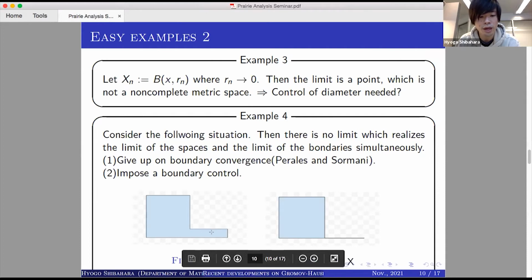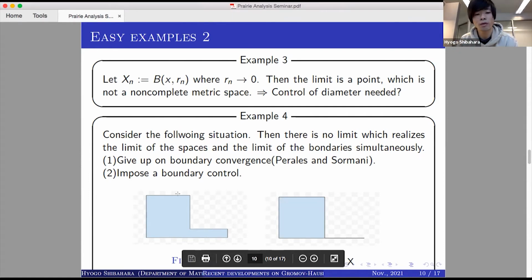This is kind of a problematic part, because if you take the limit as this square, then you can only realize the boundary here. But if you take the limit space as this rectangle with this line part, then you cannot realize the limit of the boundary in that case.